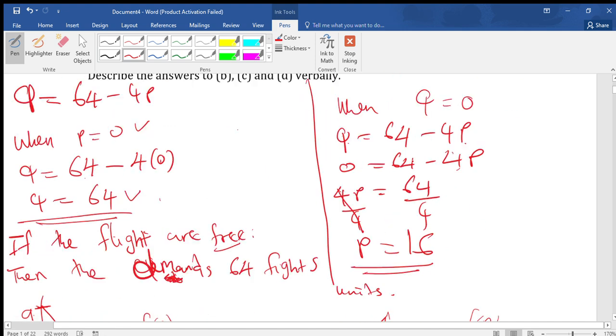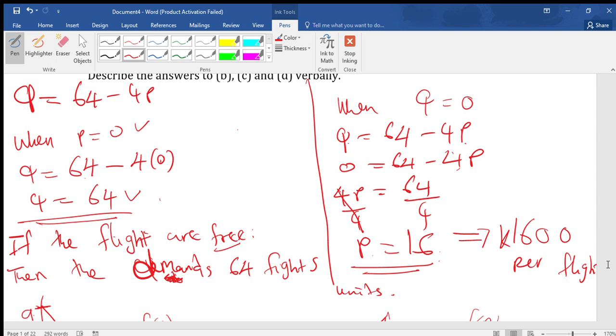So if P is equal to 16, the actual price is 16 multiplied by 100, which is 1600 kwacha per flight, because all the prices are calculated in hundreds of kwacha.